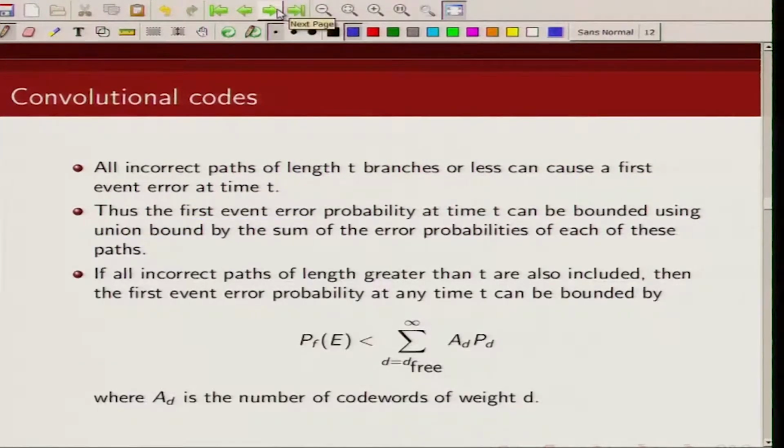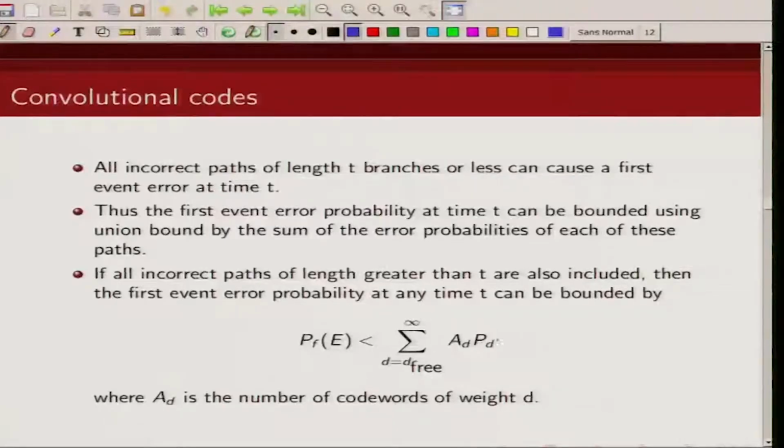Now, if we also allow incorrect paths of any length, even greater than t, then in that case the first event error probability can be upper bounded by this.